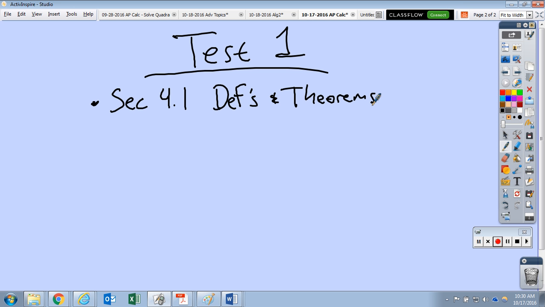Page 189, the definition of local extreme values. Again, I give you everything except probably what's highlighted: blank at c if and only if, and so on.